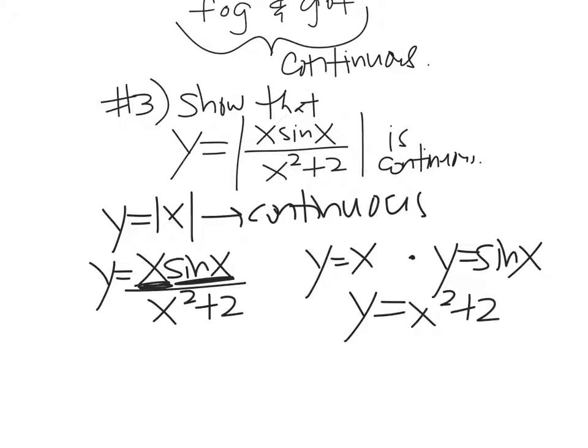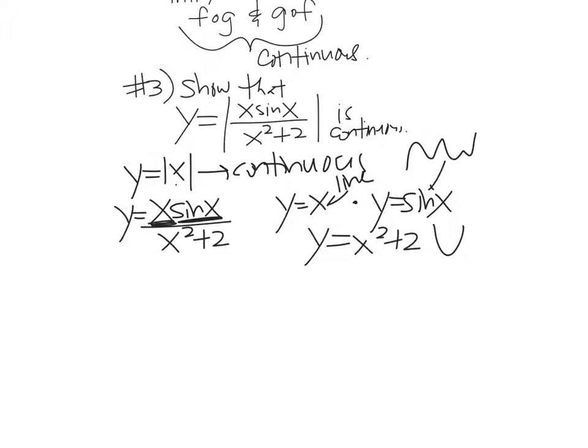So since all 3 of them are continuous, yep, exactly. This is just a line that's continuous. This is the sine wave that's continuous, and this is a parabola that's continuous. So since the composition of this thing inside of the absolute value and all of them inside of there were all continuous, then the entire thing is continuous.